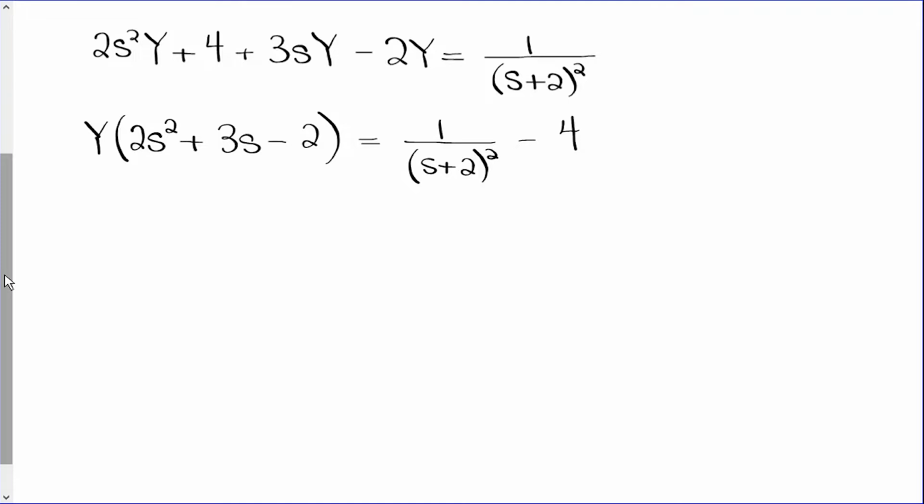Let me factor it first for you. There's going to be two brackets over here. One of them is going to be a 2s, and the other one's going to be an s. And then if I look at this right, I'm going to have a minus 1 and a positive 2. I believe that's going to get the job done.